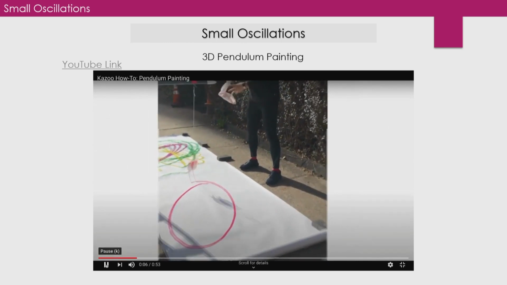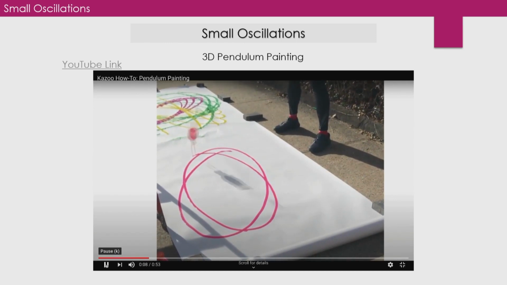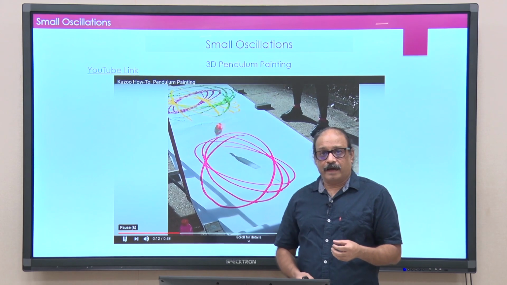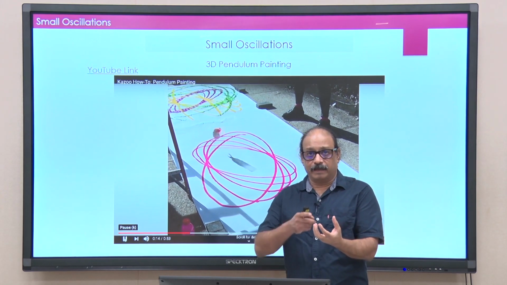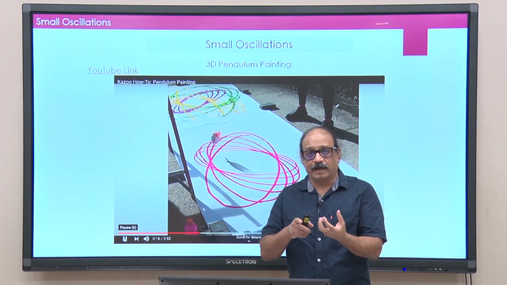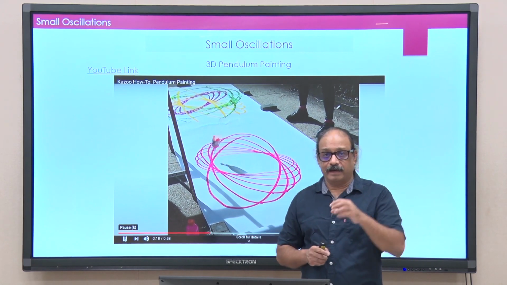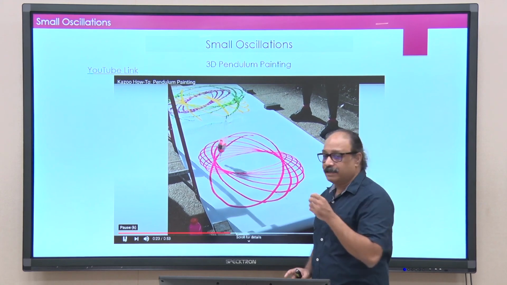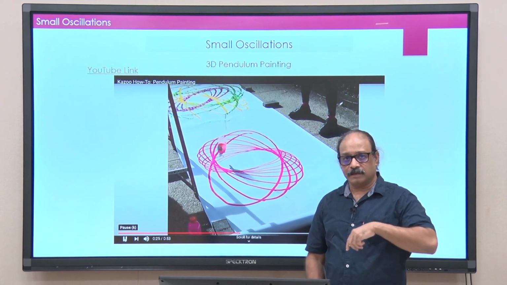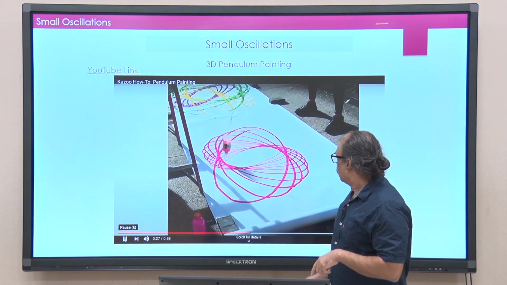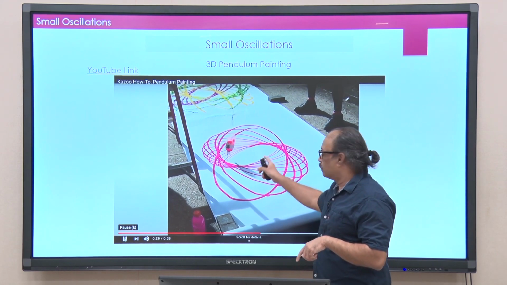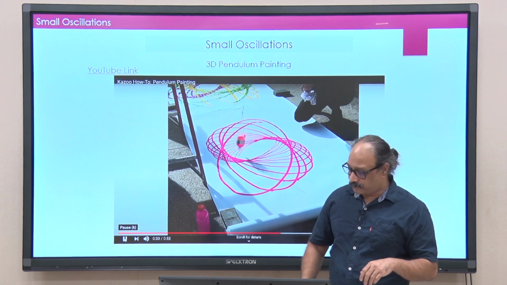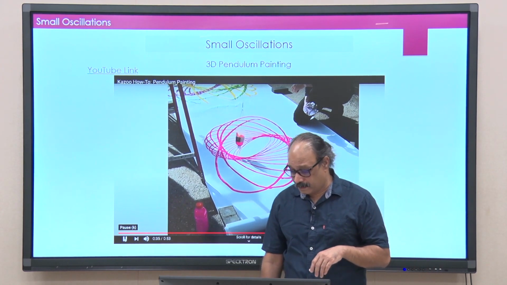What they are doing here is basically you have a simple pendulum which is hung, and at the bottom of the pendulum, instead of the bob, I have a cup, and in the cup there is a colored liquid filled, and there is a tiny hole in the cup. So, as the pendulum moves, it drops the ink on the paper which is kept below, and that forms a nice beautiful pattern.